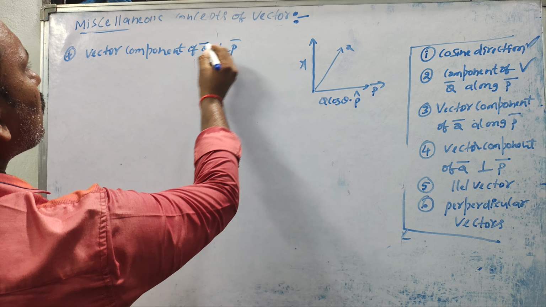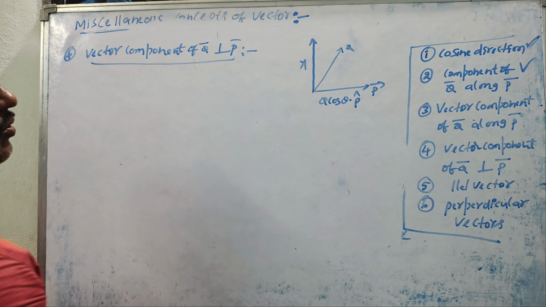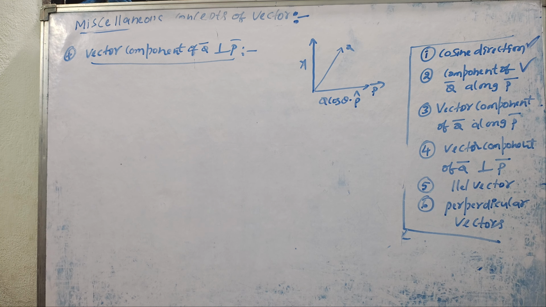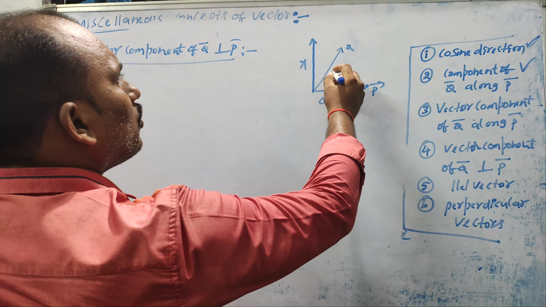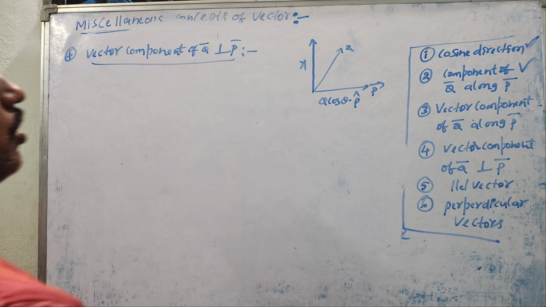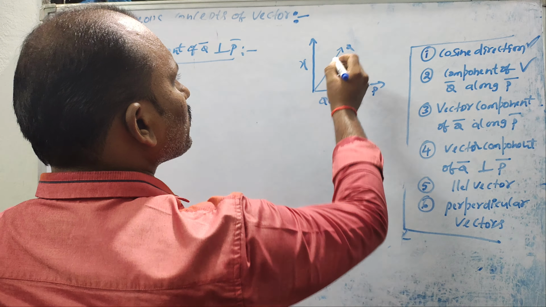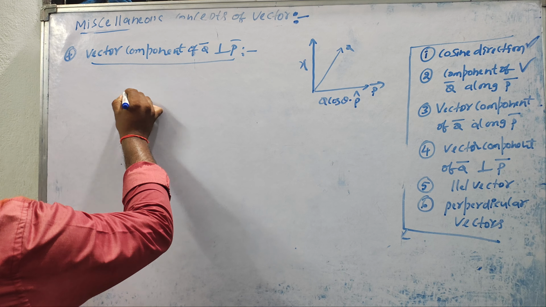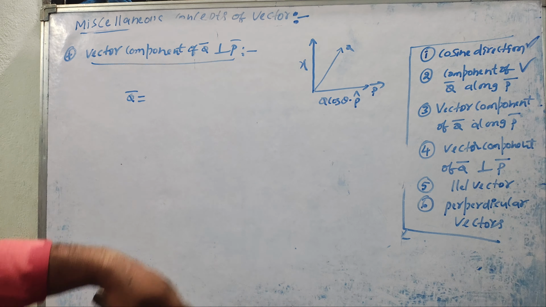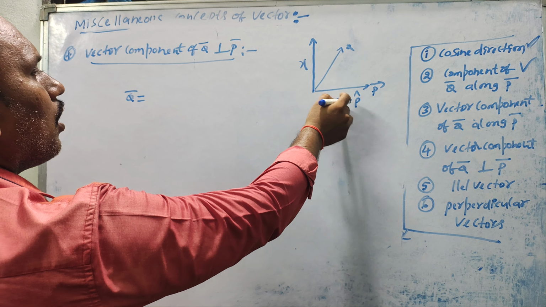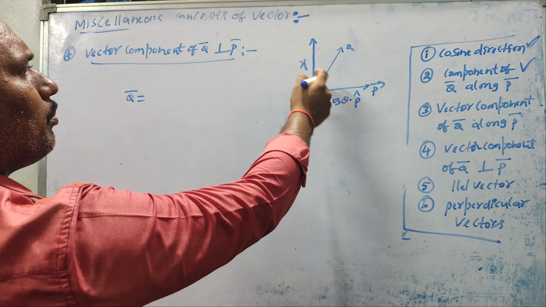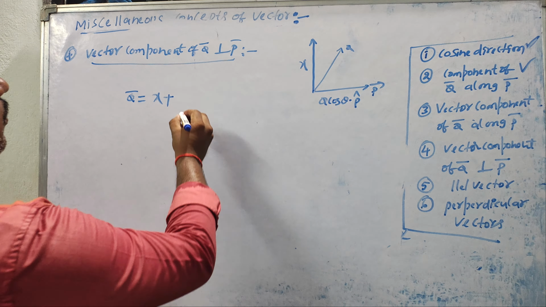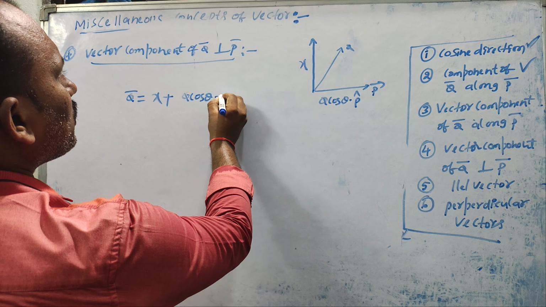According to the parallelogram law of vectors, the resultant Q is equal to x plus Q cos theta into P cap.